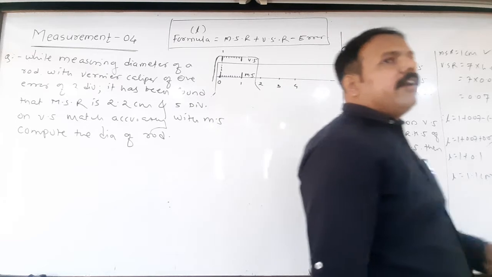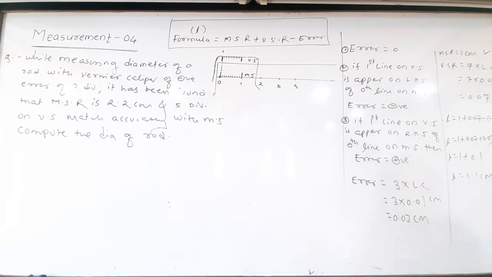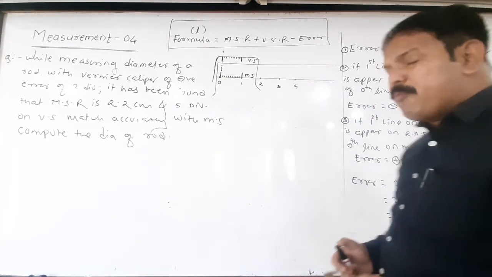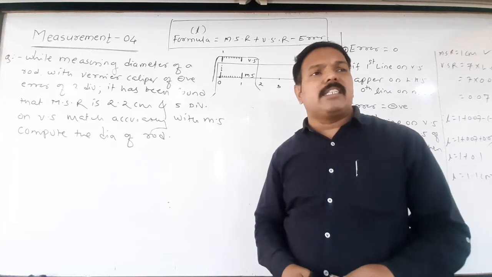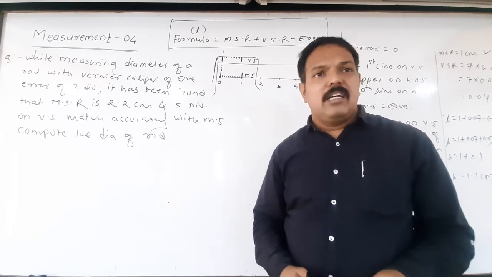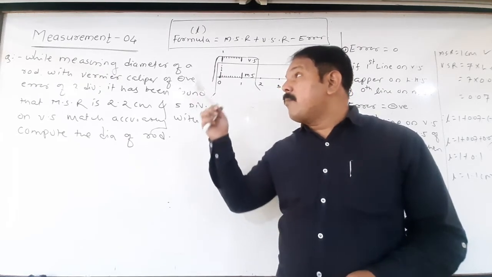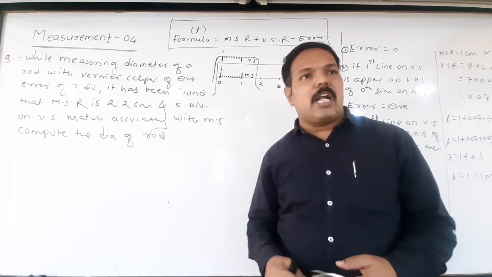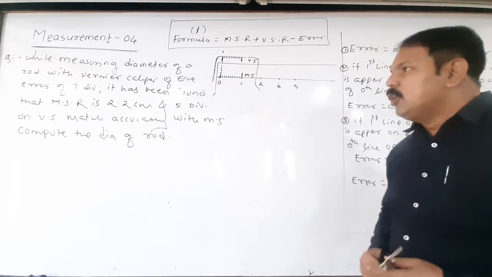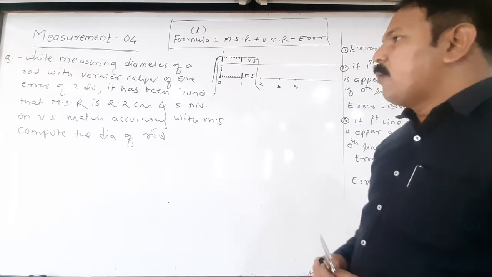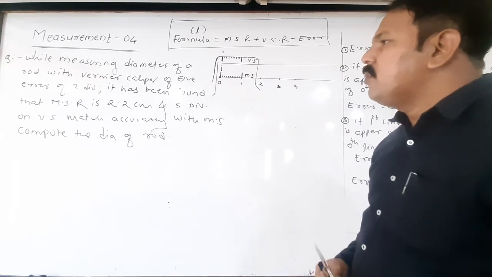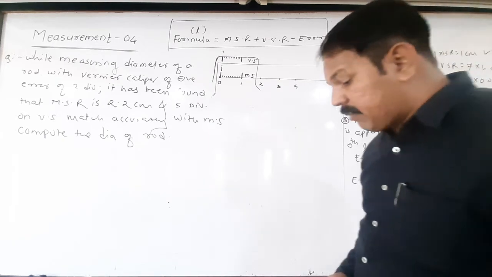Look at the numerical. I have already told you such types of numericals have been asked many times in competitive examinations. This is important in practical work also, and questions from the measurement chapter are also based upon this.